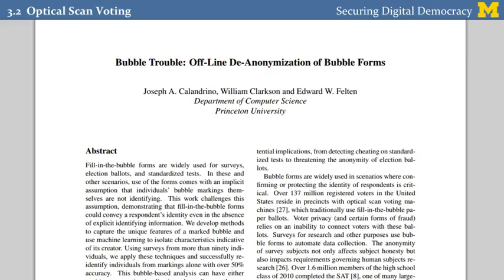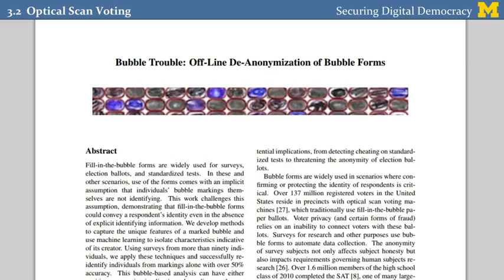And they found that different people had a distinct enough style, all of these different ways of filling it out, that you could actually identify two marks that came from the same person. So this is a somewhat theoretical attack today, but in the long run you do worry that these small differences in how people fill out these forms might be something that could be used to compromise voter privacy.